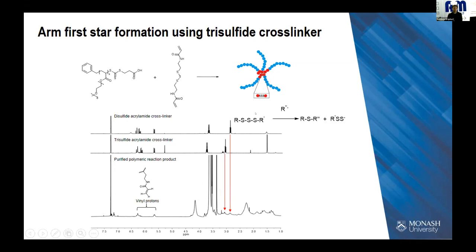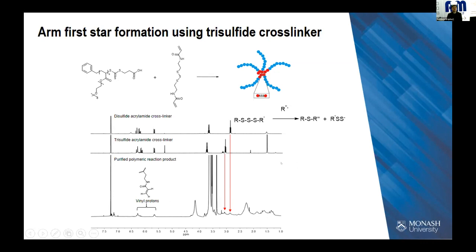However, looking back into the literature, it's likely that the trisulfide's undergone a form of cleavage by radical displacement, giving us the persulfide radical. Now, in theory, this persulfide radical is capable of reinitiating polymerization. However, I think what's more likely is that it's actually terminating polymerization, capping onto the end of the propagating polymer and introducing this disulfide signal into our product.